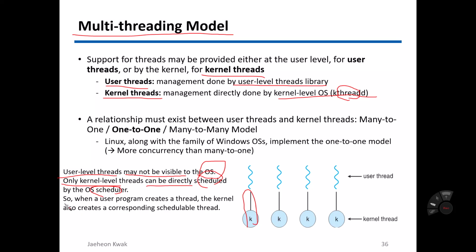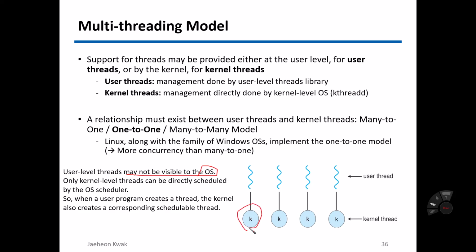When a user program creates a thread, the kernel thread, the corresponding schedulable thread, will also be created. Because the user level thread is not visible to the operating system, we generate the kernel level thread, so that the thread can be scheduled by the operating system.